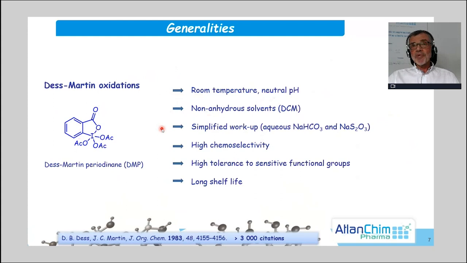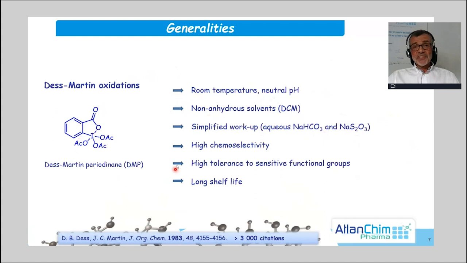A simple treatment with an aqueous solution of sodium hydrogen carbonate neutralizes the acetic acid formed during the oxidation reaction, and then a treatment with an aqueous solution of sodium thiosulfate reduces the excess of Dess-Martin's reagent.